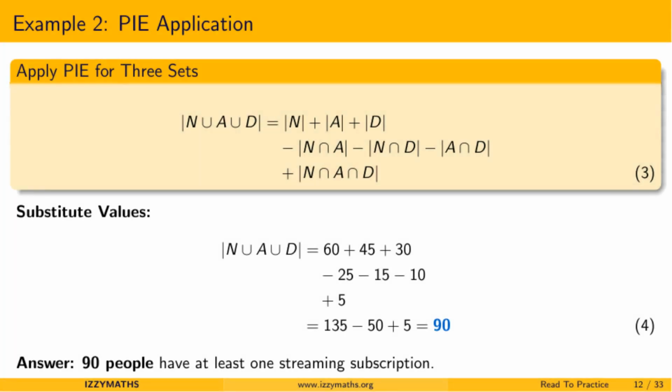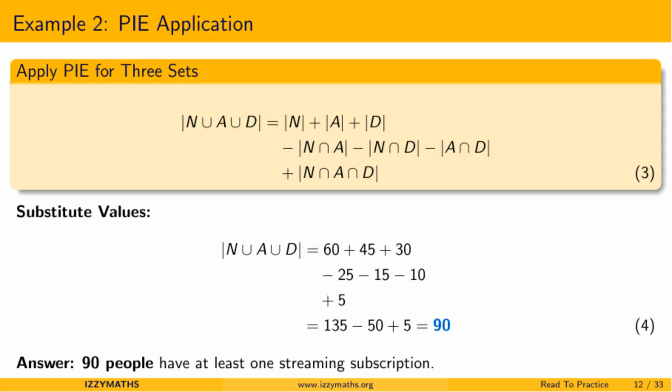Let's apply PIE for 3 sets. The absolute value of N union A union D equals the absolute value of N plus the absolute value of A plus the absolute value of D, minus the absolute value of N intersection A minus the absolute value of N intersection D minus the absolute value of A intersection D, plus the absolute value of N intersection A intersection D. Substituting our values: 60 plus 45 plus 30 minus 25 minus 15 minus 10 plus 5.